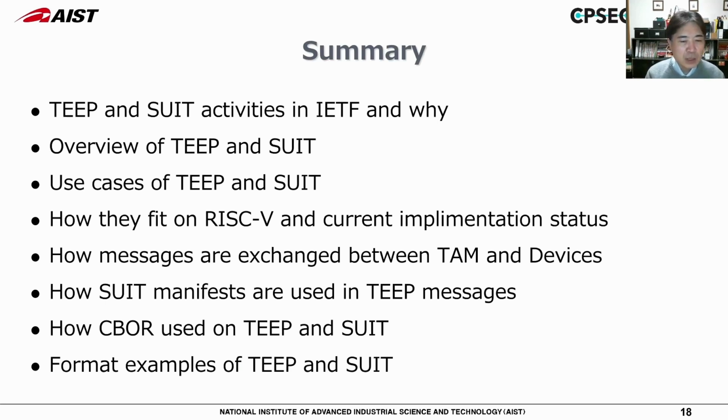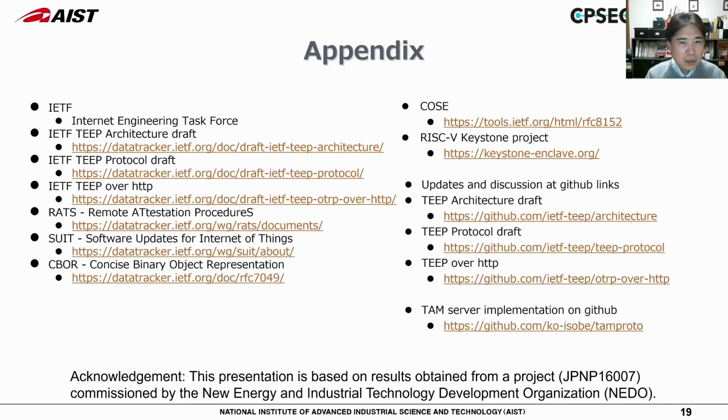Also, how the SUIT manifest is used inside the TEEP message, how TEEP and SUIT are expressed in CBOR, and examples of the format of TEEP and SUIT. And this is the appendix. If you would like to dive deeper, this is the link you could go to.